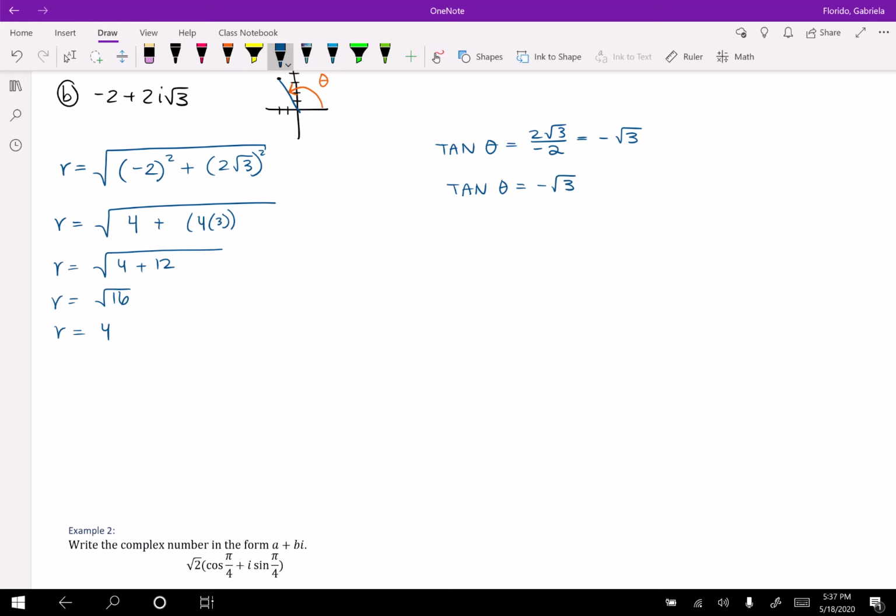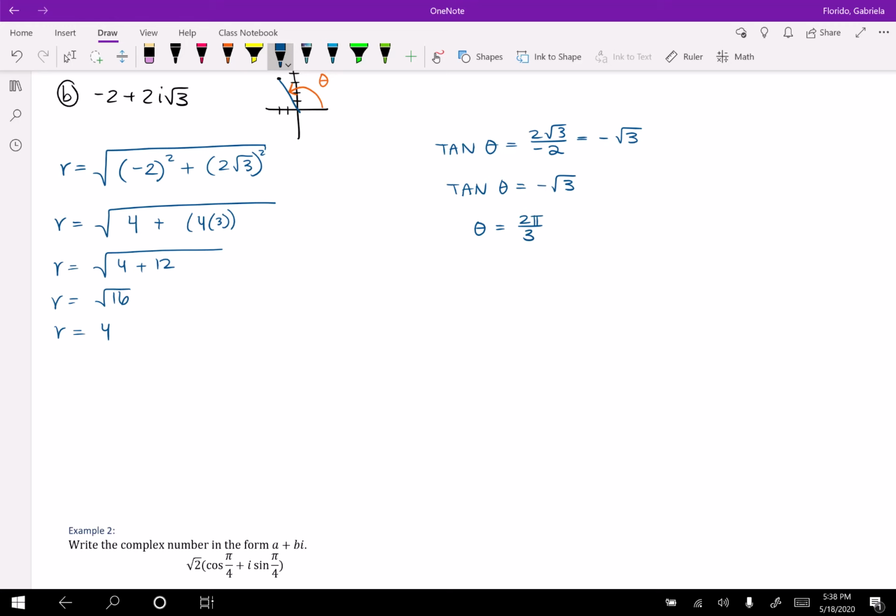And so this is going to be one of those common angles. So here, theta is going to equal 2 pi over 3. And so tangent again of 2 pi over 3 is equal to negative square root of 3. So again, you don't have to always use the inverse. If you can tell that this is going to be a common angle, then you can just figure that out. And so my argument is 2 pi over 3, and my modulus is 4.